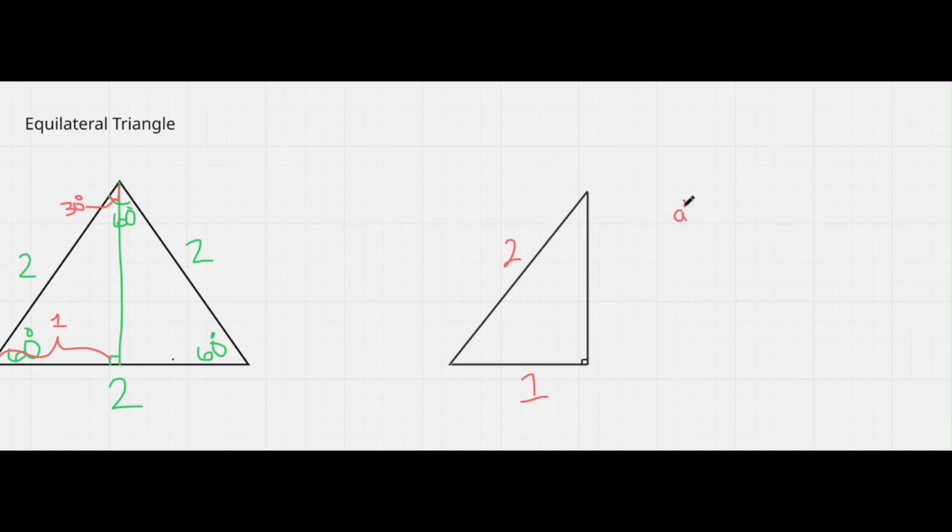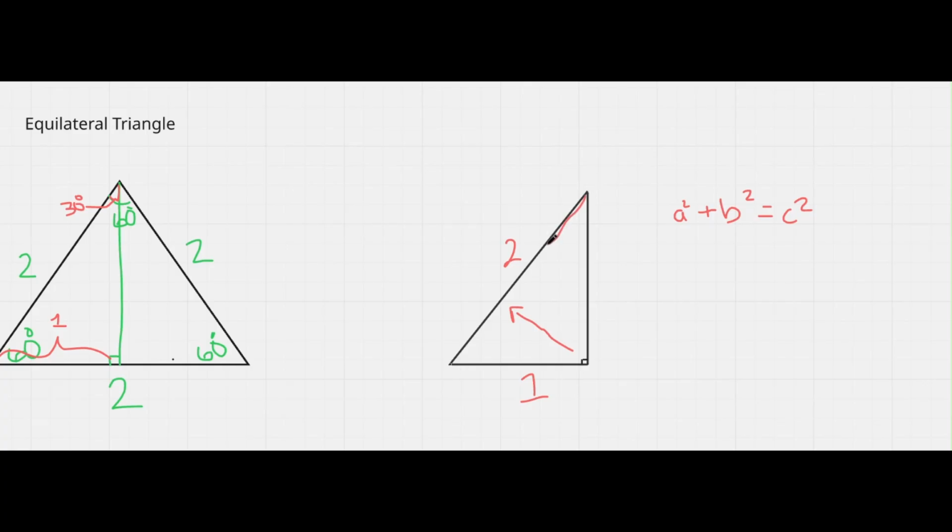So a squared plus b squared equals c squared. Now remember, c is always going to be our hypotenuse, which is the side opposite of the 90-degree angle. This is the hypotenuse here.